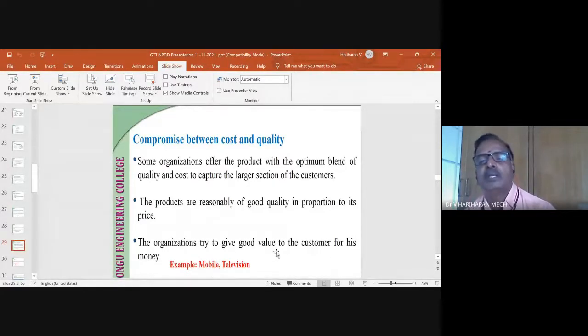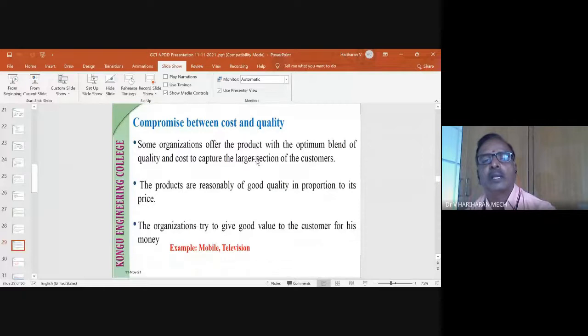For example, mobiles and televisions. If you want more quality, automatically the cost is also high. If the quality somewhat decreases, the cost is lower. Quality here means the features you have in the particular product, like mobile phones and televisions. If the options are more, automatically the cost is also high.